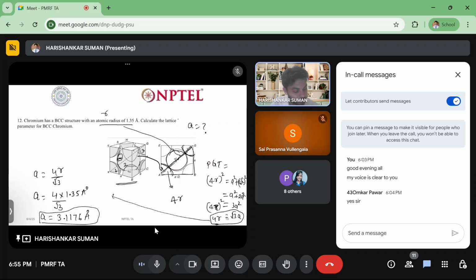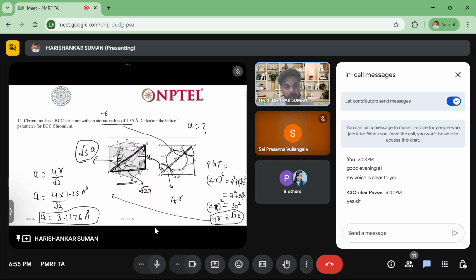They are in touch, and this is the body diagonal. Let me take this face centered, face diagonal, and this is 1. So this will be root 2 A, and this is A. So this will be root 3 A.